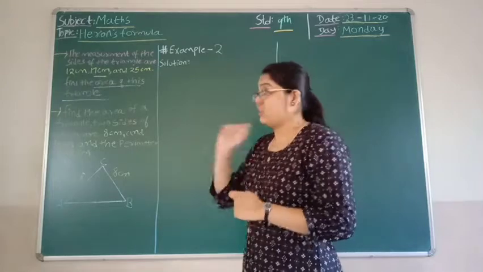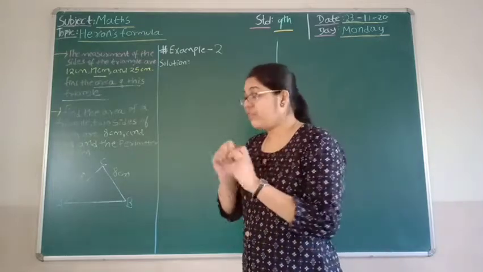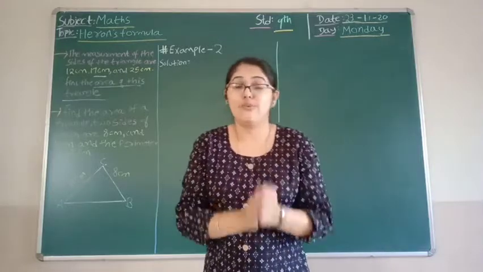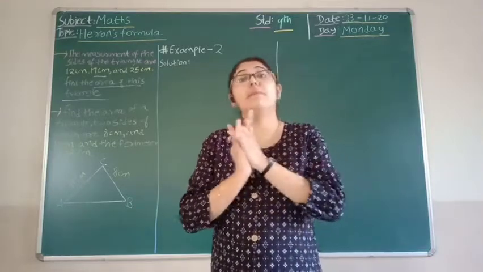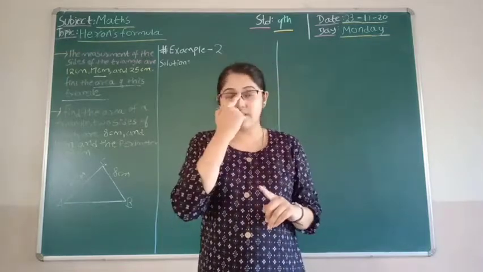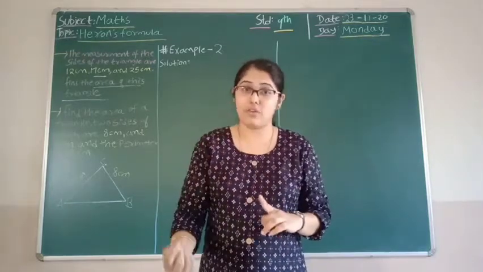So if you see, students, over here you have been given 2 sides, and you have been given the perimeter, and we need the semi-perimeter. Remember, we need the semi-perimeter as per the formula, and we have been given the perimeter.